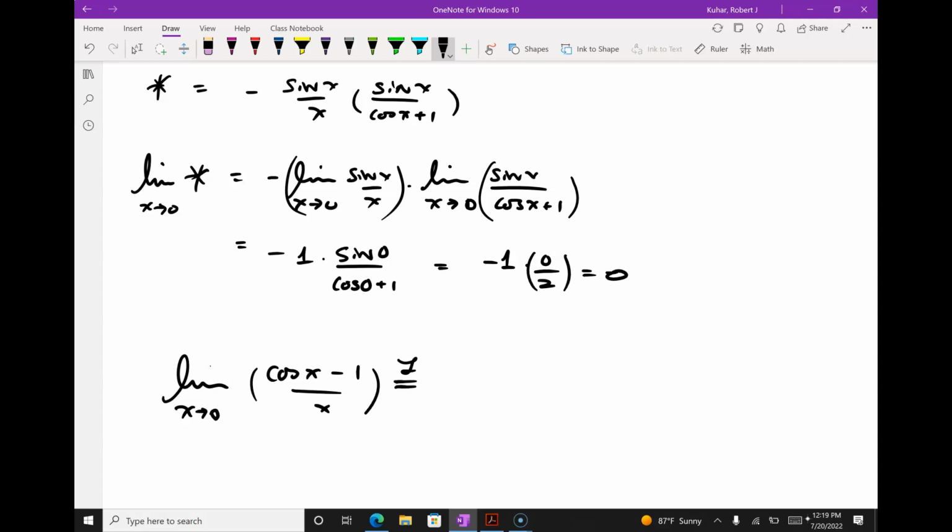You can do what you want. I'm telling you I'm about to apply L'Hopital's rule, right? And what do I get upstairs? Nice. And downstairs? 1. And that can just be evaluated, which is negative sine of 0, which of course is 0.